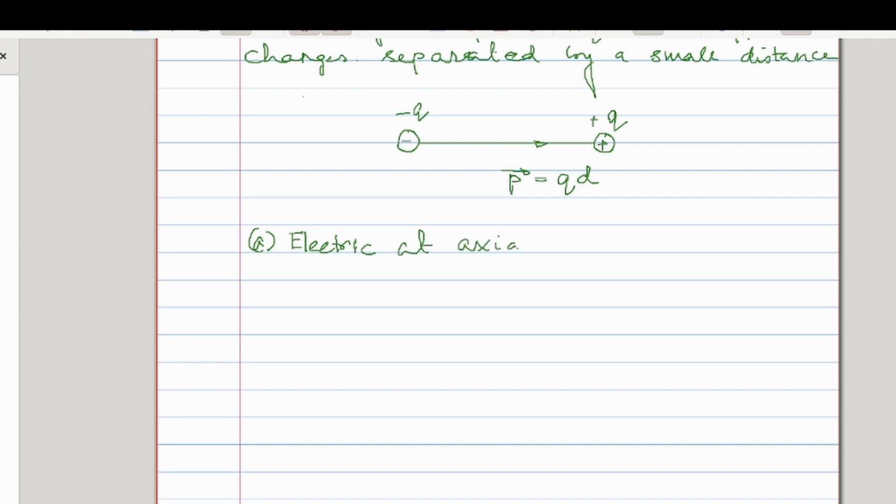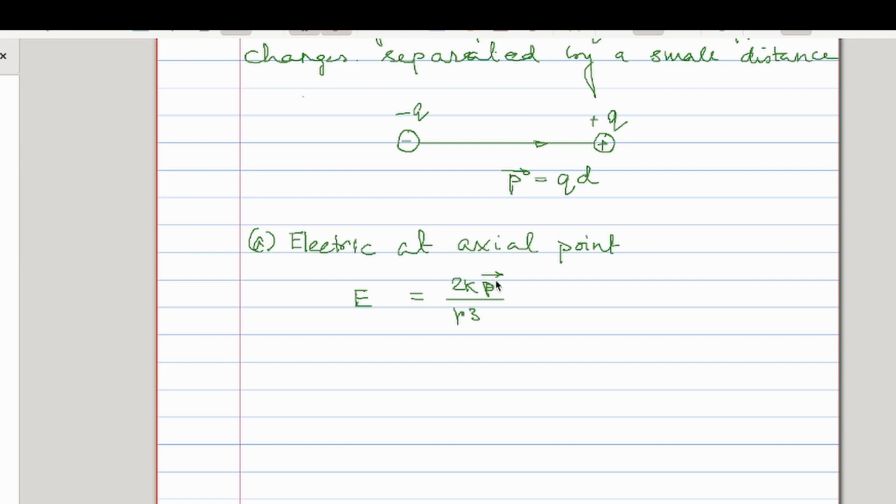Electric field at axial point: 2 k p vector by r cube, where r is the distance from the center.